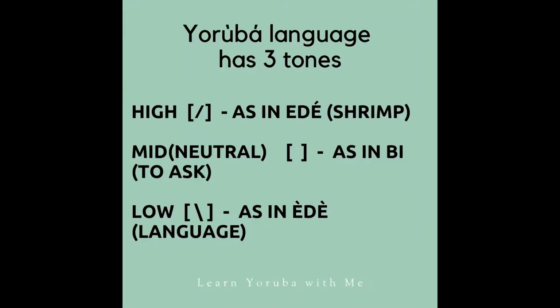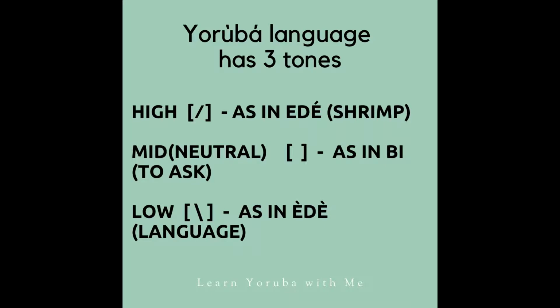Looking at do, re, mi, the high tone mi shows as an uptick mark that's leaning towards the right, as in the word ede in Yoruba. Ede in Yoruba is shrimp. Notice the uptick in the last e in ede is leaning towards the right. Ede. Then we have the mid-neutral tone. Usually that doesn't have any intonation marks at all.